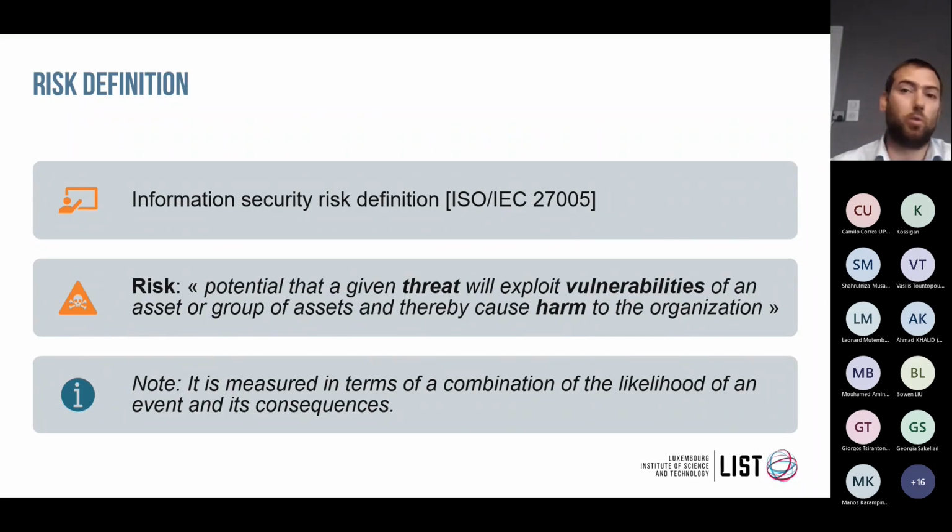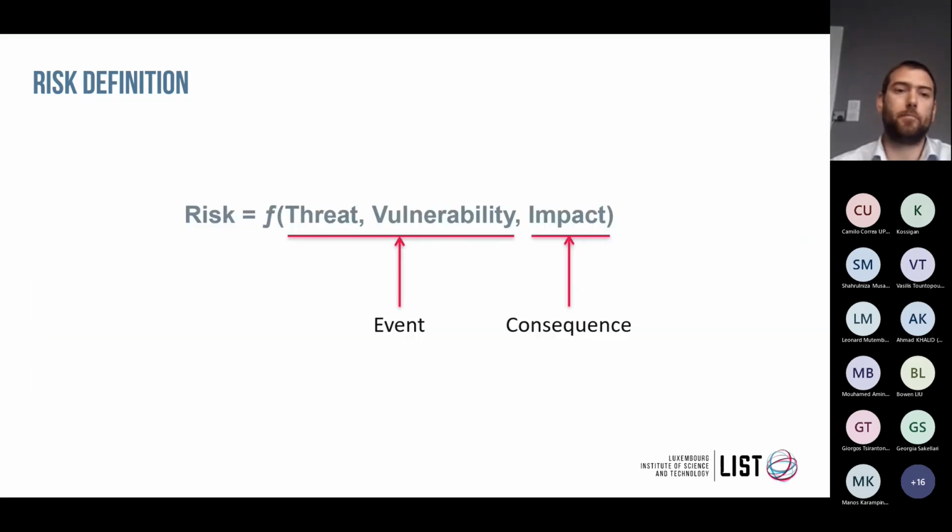So we find again our two components of a risk, an event and a consequence. It is here more clearly explained. A threat exploiting a vulnerability is the event, and the impact is the consequence.